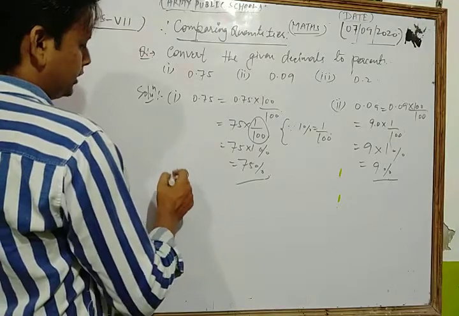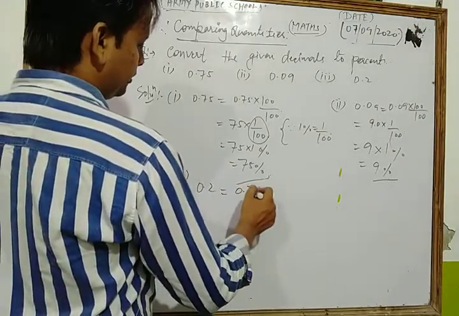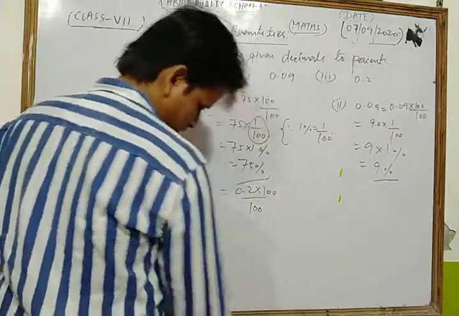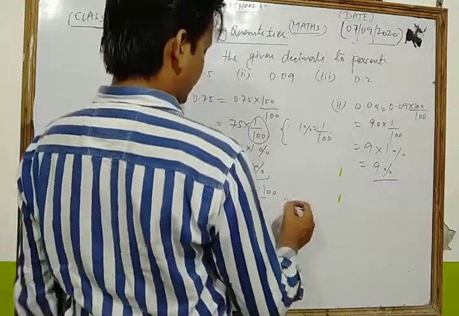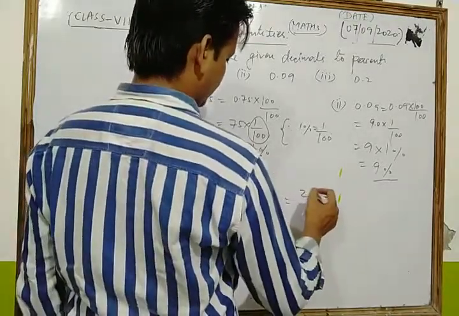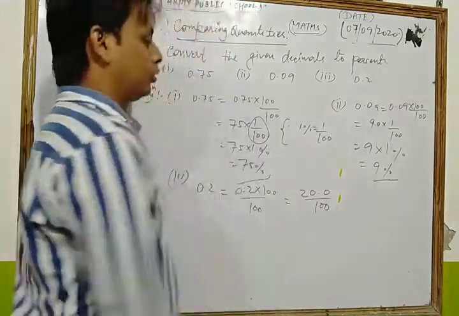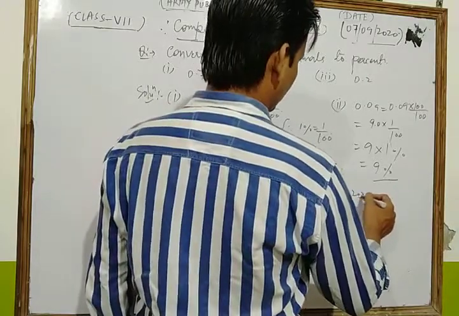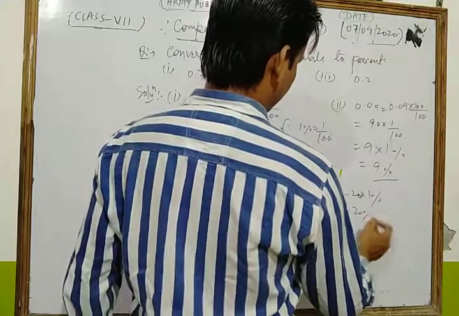Now in the same way we take and solve the third part of this question, which is 0.2. We multiply by 100. Now look here, 20 upon 100, so we can write 20 into 1%, that is 20%.